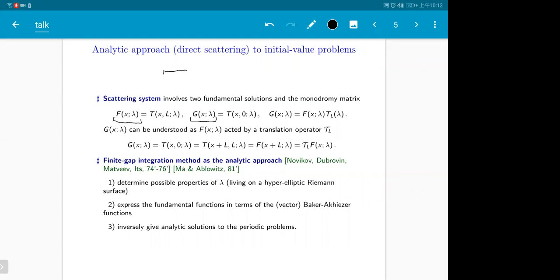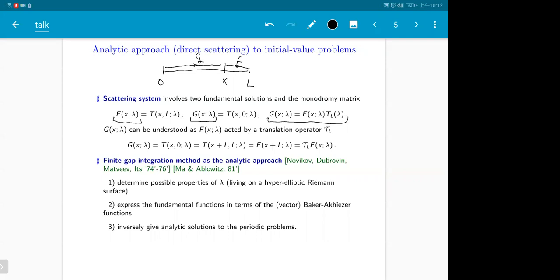So if you consider the interval from 0 to L, F is integrated from L to a certain point X. So you have F, and G is integrated in the other direction from 0 to X. So this is G. And these two fundamental solutions are connected by the monodromy matrix.